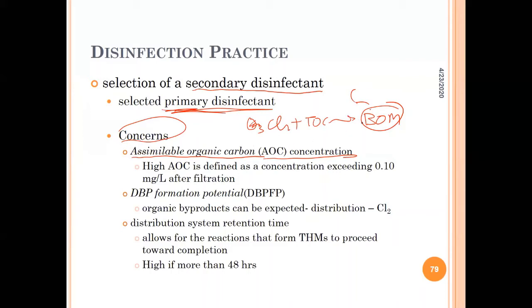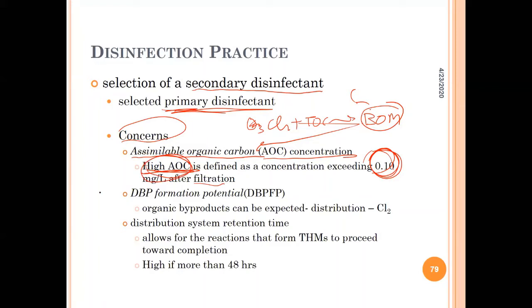In terms of carbon, we call it assimilable organic carbon. If assimilable organic carbon is more than 0.1 milligram per liter after filtration, we consider it high.